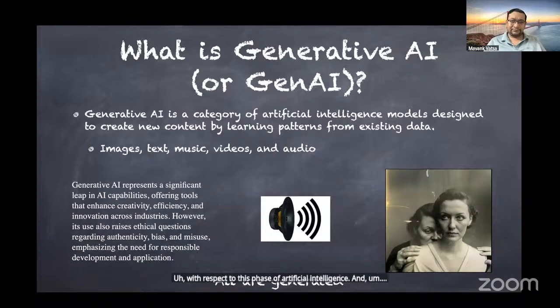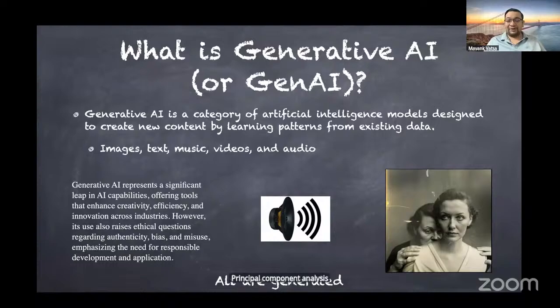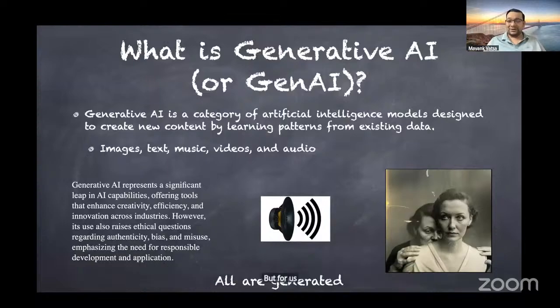As you would imagine, when we talk about generative AI, it's about how we generate new content based on prior training data. At least when I was doing my PhD, my generative model was PCA, principal component analysis. Many of the young kids may not even know what the full form is, or what PCA is. But for us, it was a generative model at that point in time.